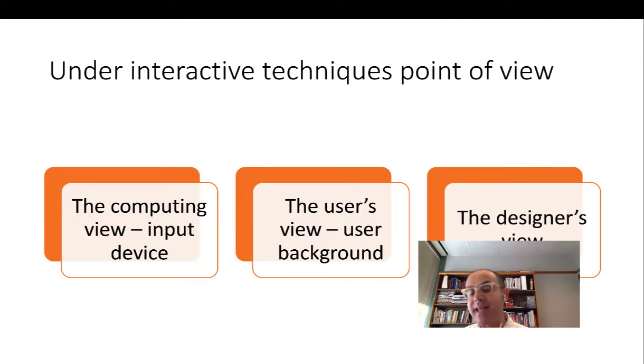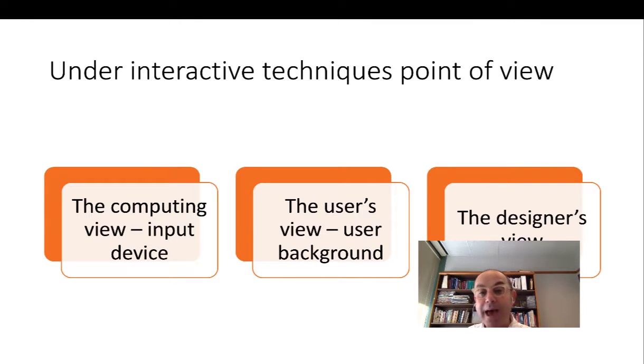The problem that they are facing in HCI is that we have three points of view with regard to how we see interactive. The computing view: what is the input device that we are presenting this information on. The user point of view: again, the user can have different backgrounds.